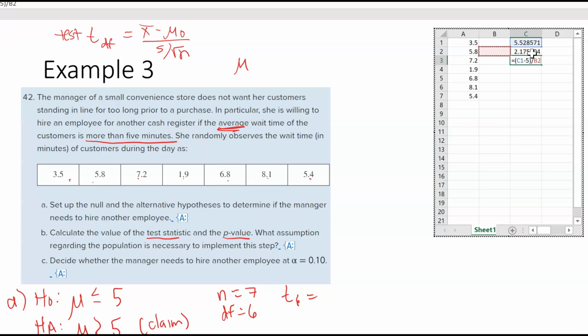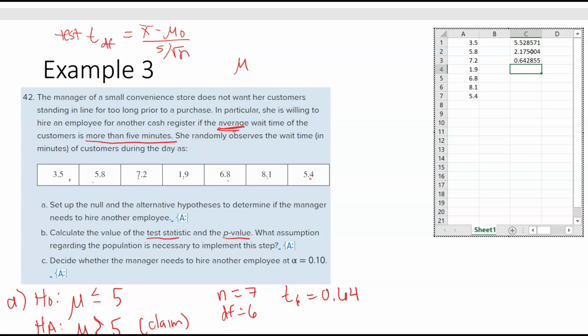Actually, we're going to start over. I want parentheses, minus 5, divided by parentheses sample standard deviation divided by the square root of, there are 7 of them. So my test statistic is 0.64.